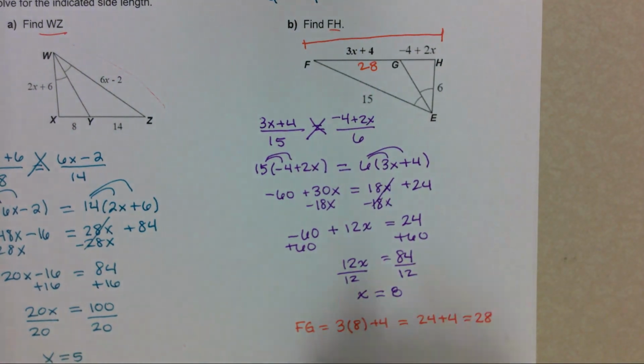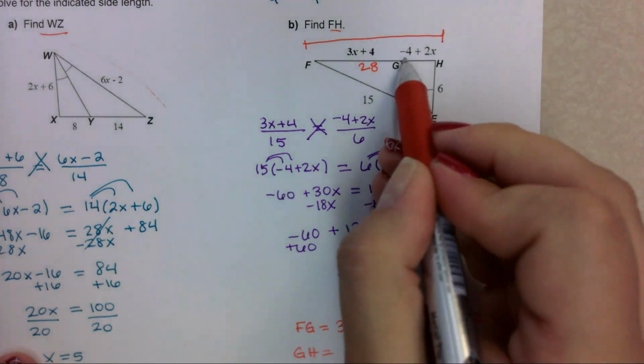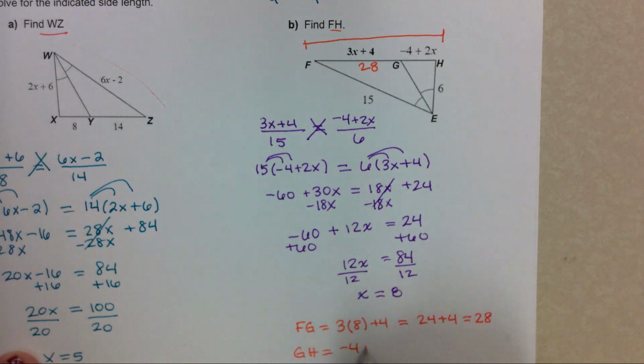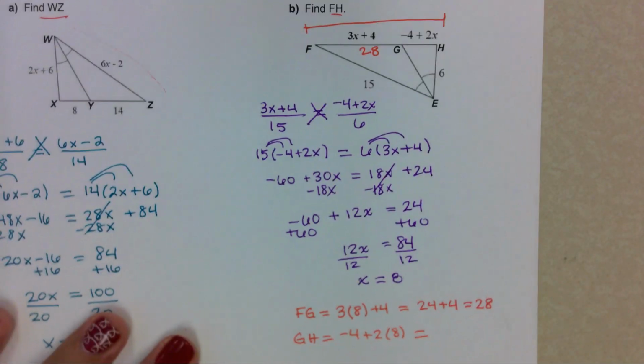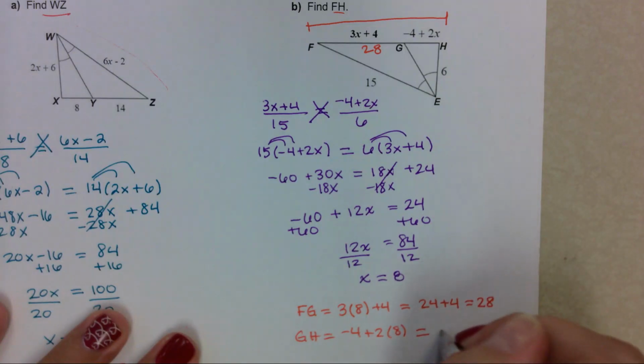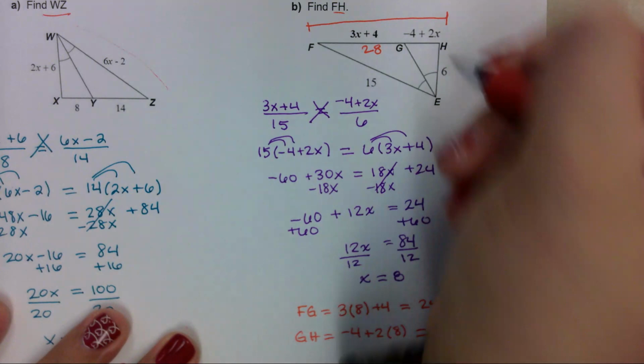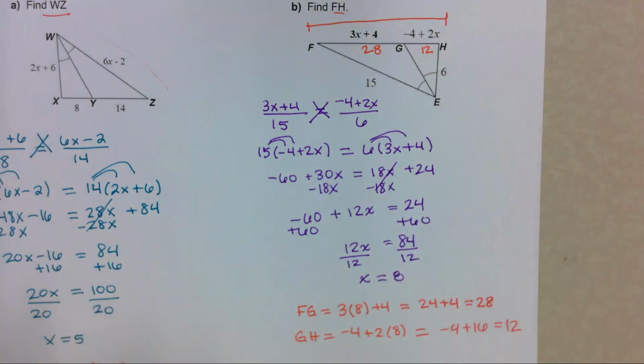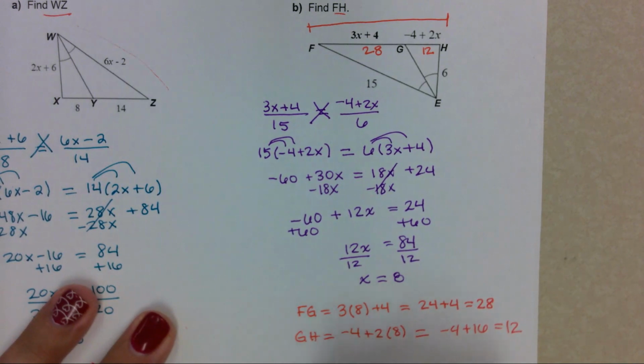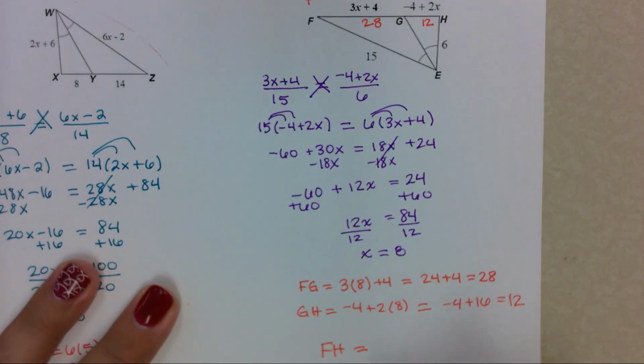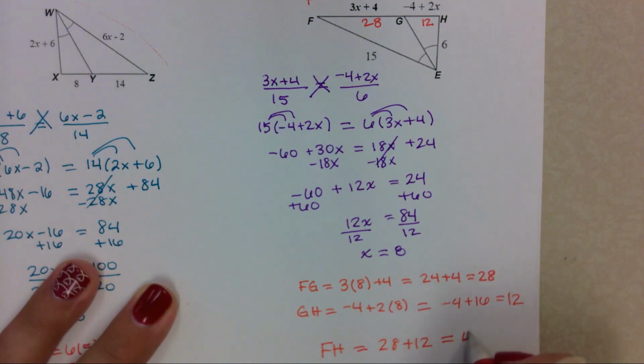And then GH is negative 4 plus 2x. Our x is 8. So we get negative 4 plus 16, which is 12. So FH is 28 plus 12, which is 40.